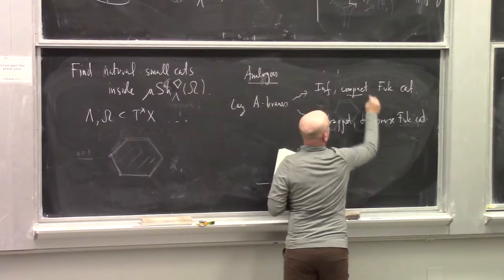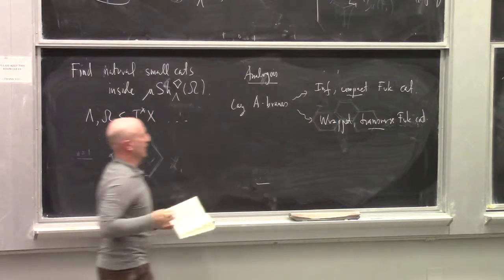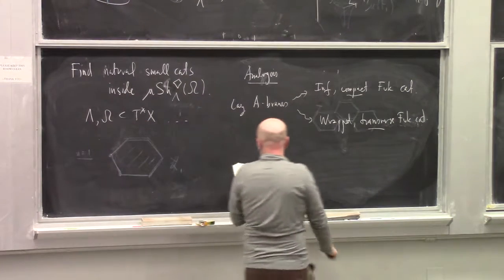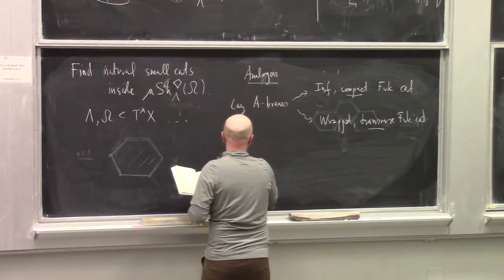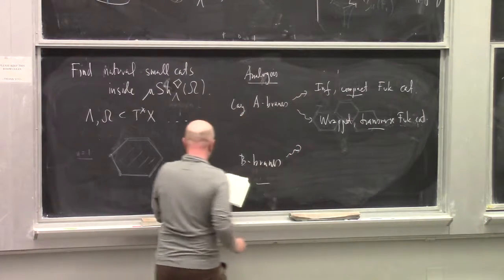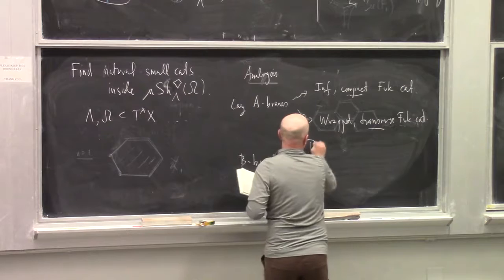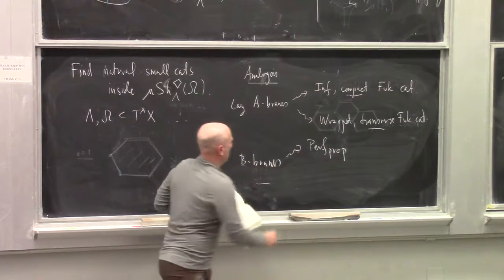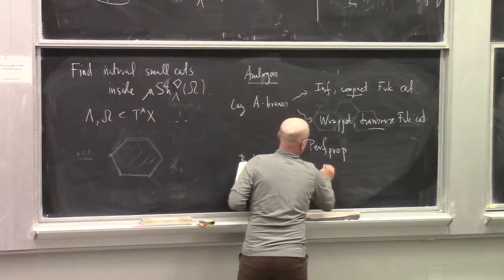These words represent their relationship to the skeleton. Similarly, for B-branes, I can think of two natural things. One is perfect complexes with proper support, and the other is coherent complexes.